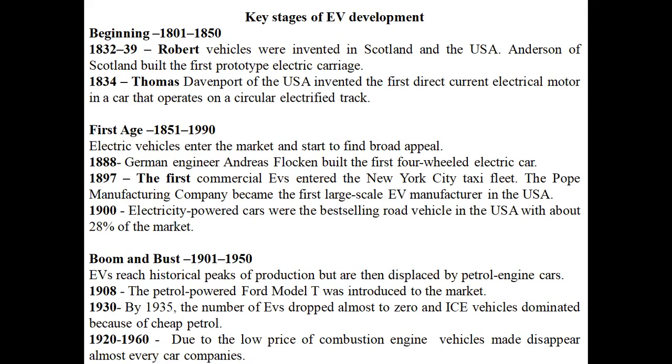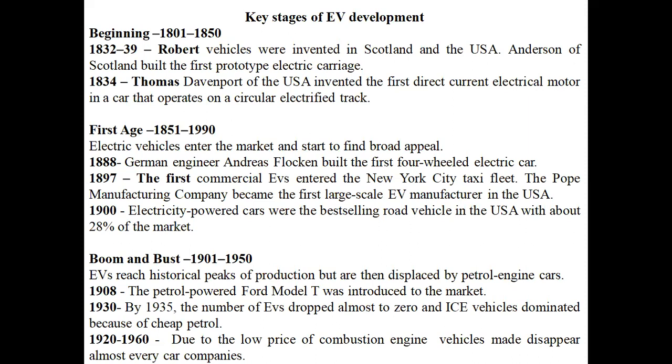In 1897, the first commercial vehicle entered the market, the New York City taxi fleet, and the manufacturing of EVs got started. In 1900, electricity powered cars were the best selling road vehicle in the USA.